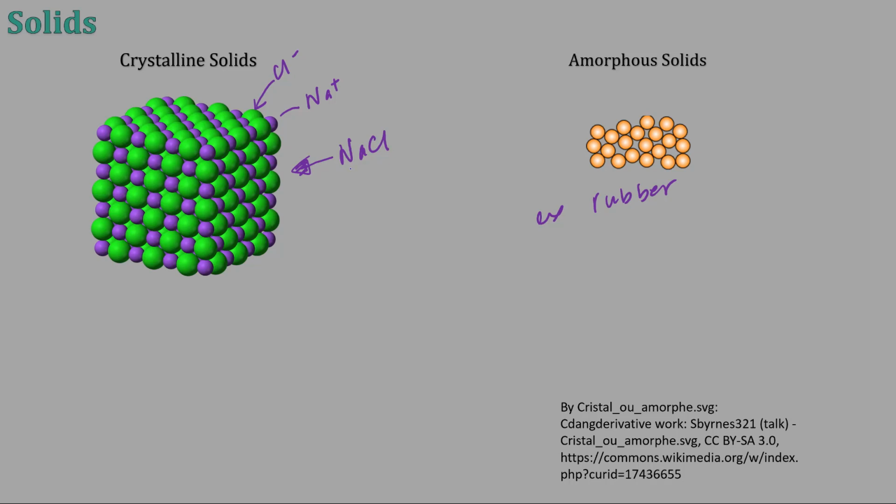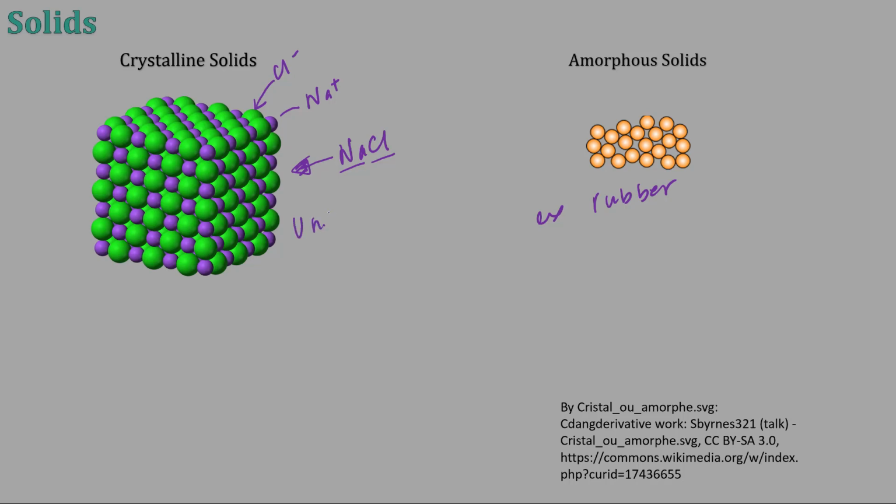And it's not just one sodium and one chloride. It's one sodium to every chloride. So every sodium here has 6 chlorides attached to it unless it's on the face. And every chloride has 6 sodiums unless it's on the face. So it is 1-to-1, but it forms these huge crystalline lattice structures. And that's why little pieces of salt look like little crystals.